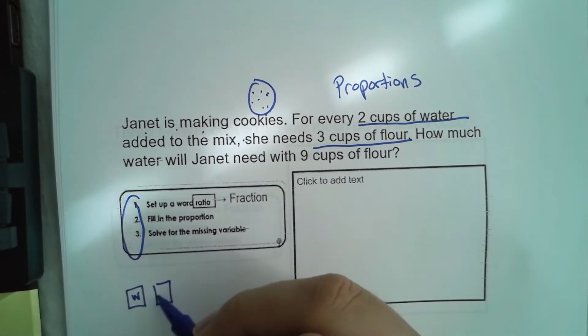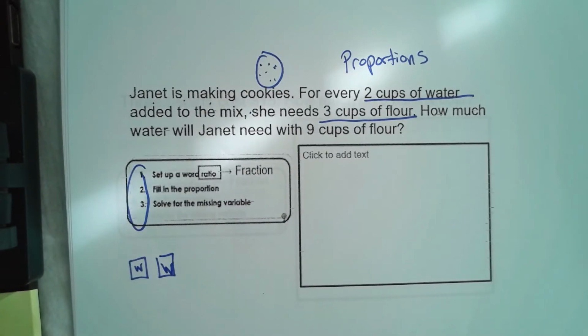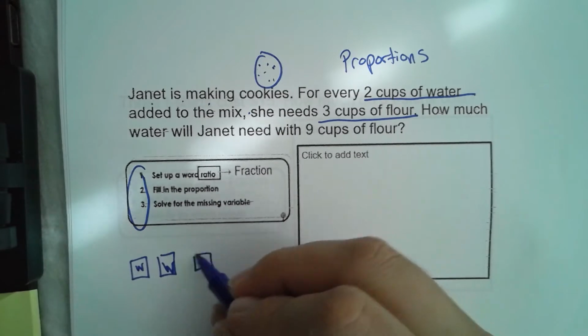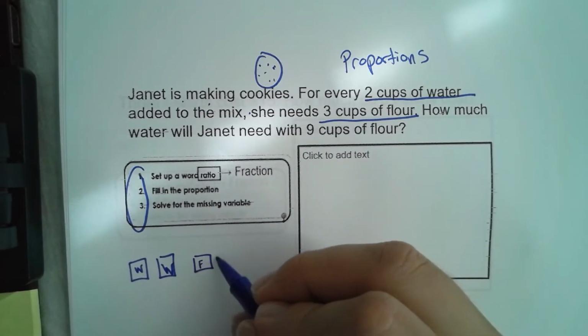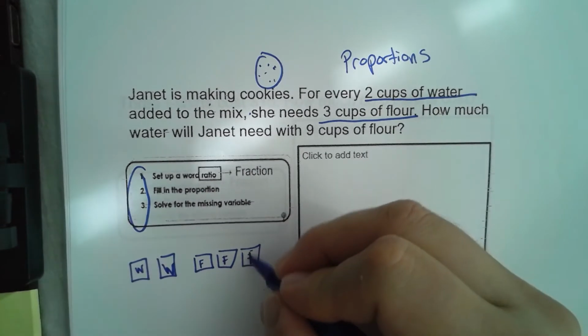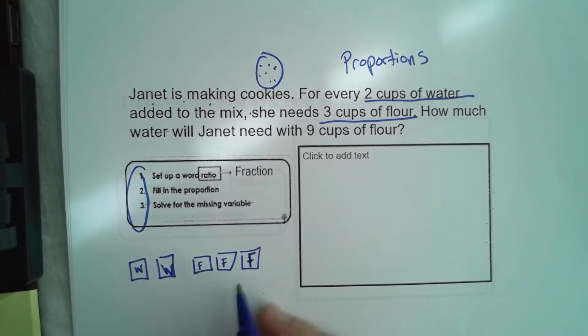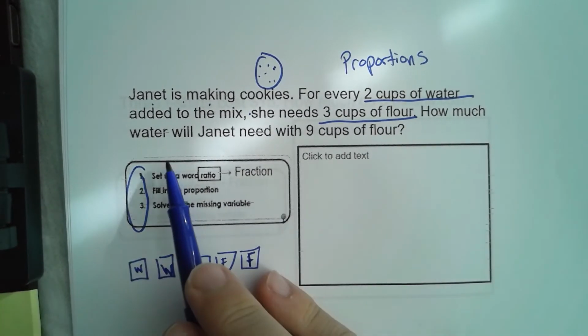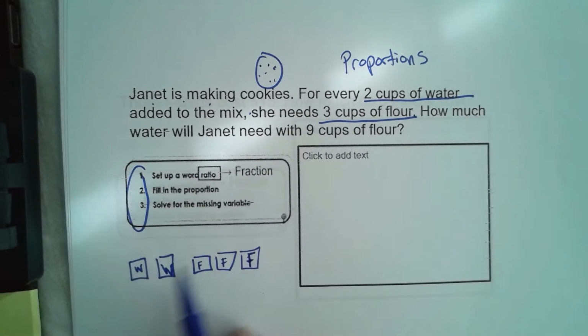Every time she uses 2 cups of water, she needs 3 cups of flour. So this is 2 cups of water, 3 cups of flour. How much water will Janet need with 9 cups of flour?